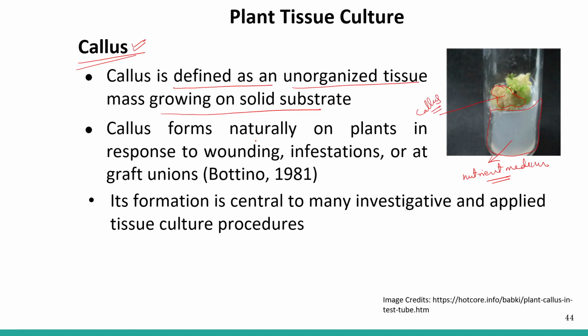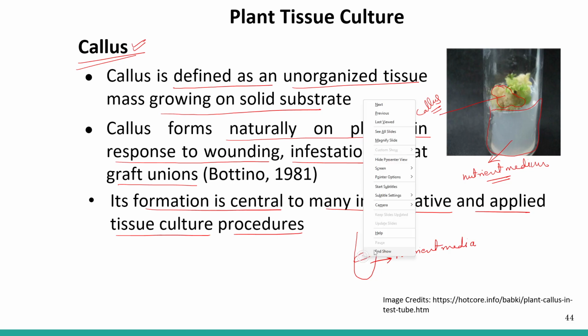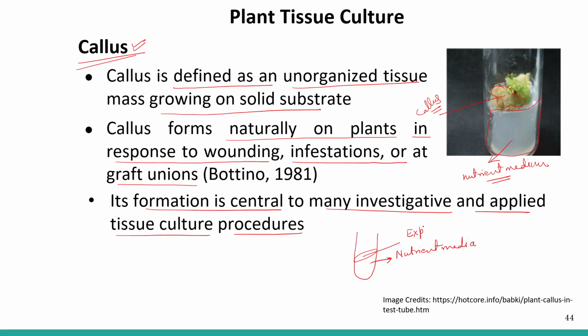Callus forms naturally on plants in response to wounding, infestations, or at graft unions. Its formation is central to many investigative and applied tissue culture procedures. So what happens when this is our nutrient media, and on this we put an explant?